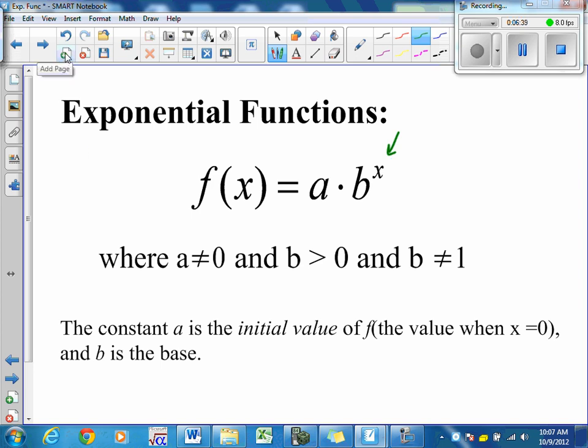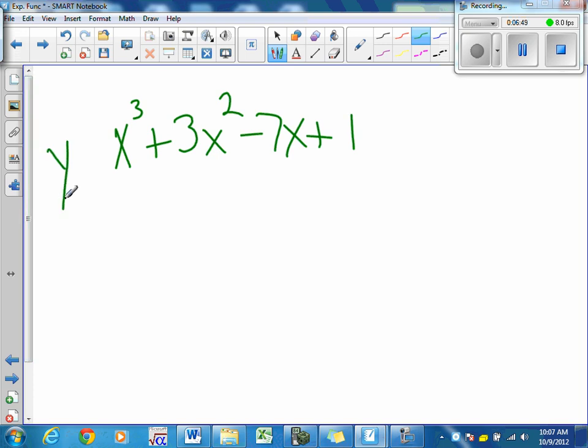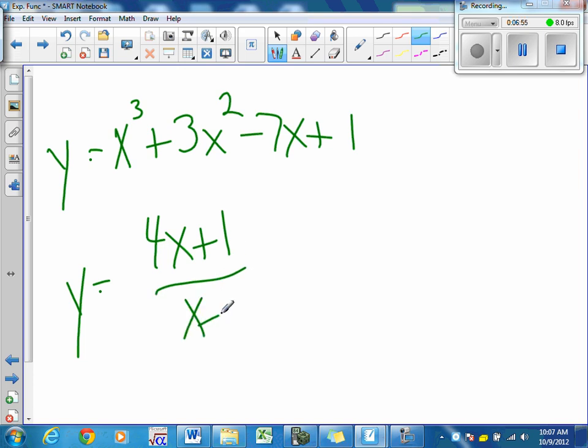If you think of everything else we've looked at, we've talked about things like x cubed plus 3x squared minus 7x plus 1. Those are like polynomials. We've talked about things like 4x plus 1 over x minus 2.